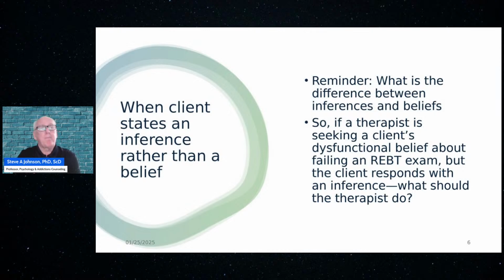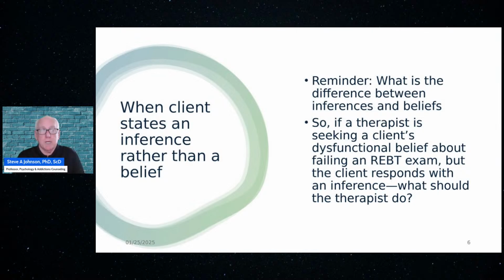So back a few minutes ago, remember when I said when a client brings in a particular situation about which they're upset, or they bring in an emotion or behavior that is a bit dysfunctional and they're not liking it, it's not getting them happiness or not helping them in goal attainment, in whatever role they're interested in, then what we will ask them is, what were you thinking?